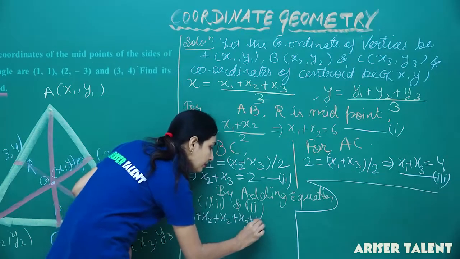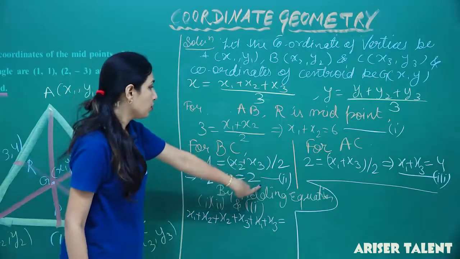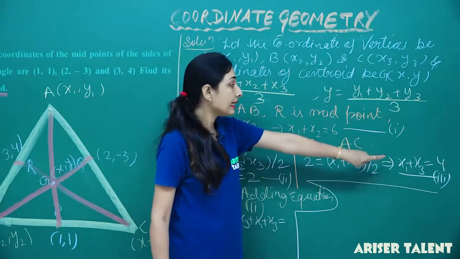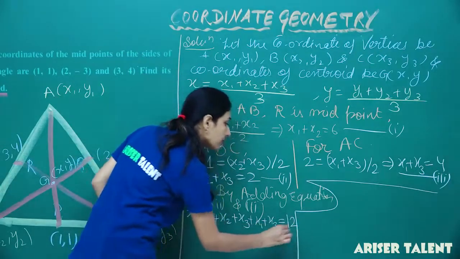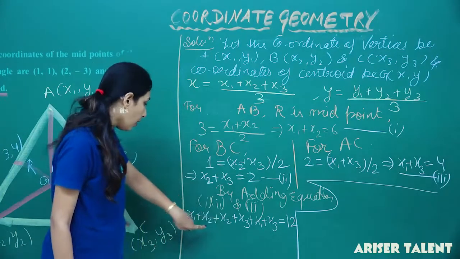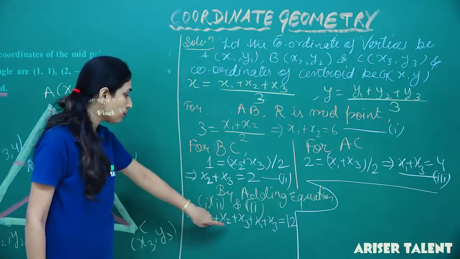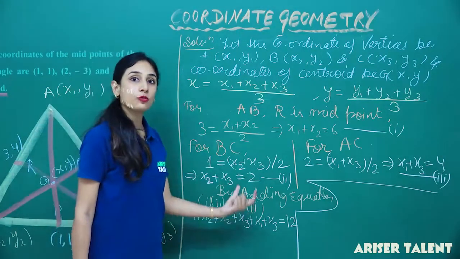That will be equals to 2 plus 4, 6, and 6 plus 6, 12. So that will be 12. Now x1 2 times, x2 2 times, x3 2 times. So this is 2x1 plus 2x2 plus 2x3.